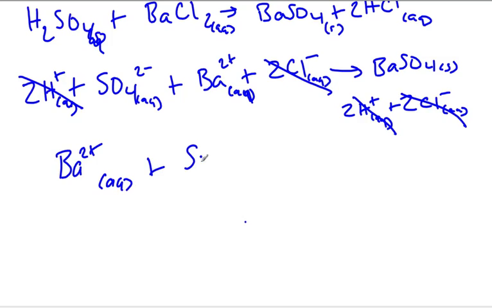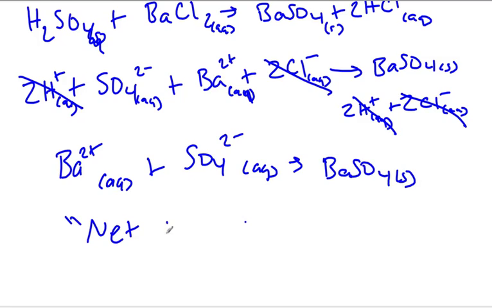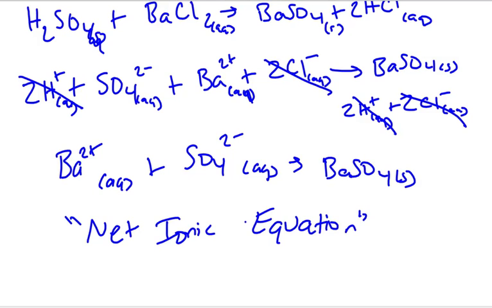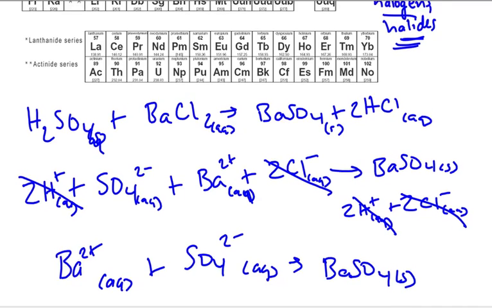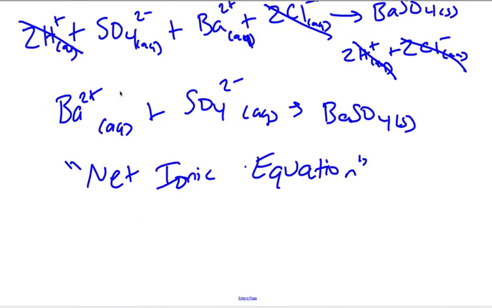Yay, math. Ba2 plus plus SO4 2 minus, aqueous, yields BaSO4 solid. And this is what you call a net ionic equation. We just derived a net ionic equation. What did we do? We took all the ions that were spectators and removed them from the picture. And then we got a net ionic equation.